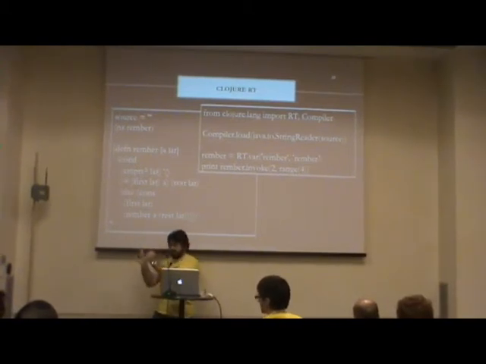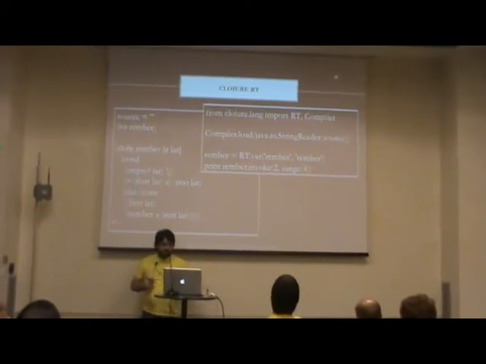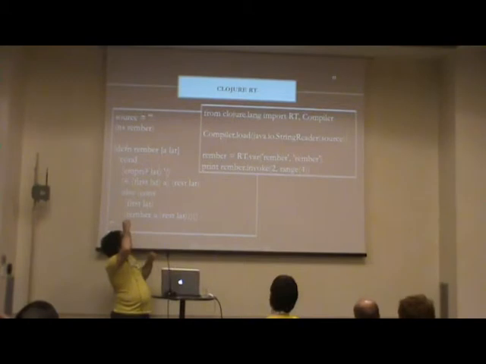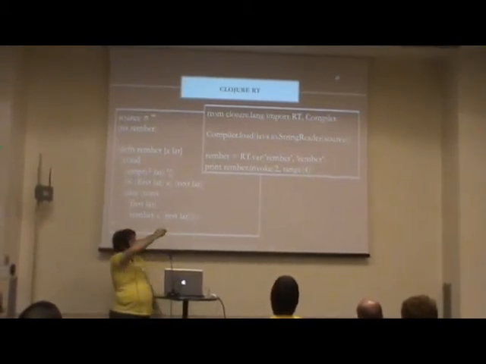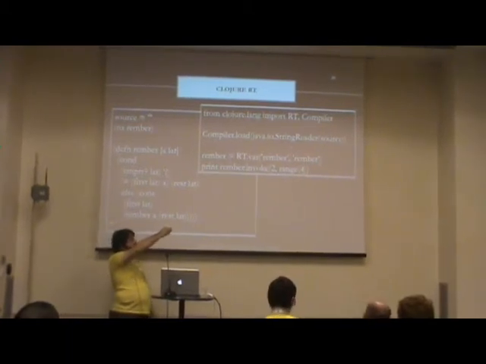So we take the string, we make it a file-like object, and we pass it to Compiler.load. The compiler compiles the string, and then with this method here, we just get the variable. That is the namespace, and then the symbol name we want to get.